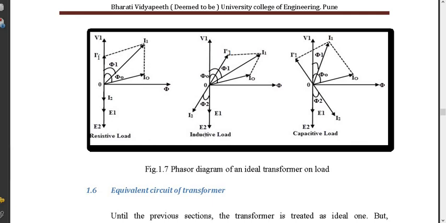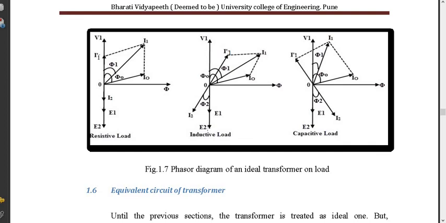Similarly, when I talk about inductive load, again the basic things remain the same: phi is the x-axis and V1 is the y-axis, and E1 and E2 are opposing it, exactly a 180-degree phase shift. Because it is an inductive load, the current is lagging behind, so I have shown this current lagging behind E2. See, I2 is lagging behind E2.